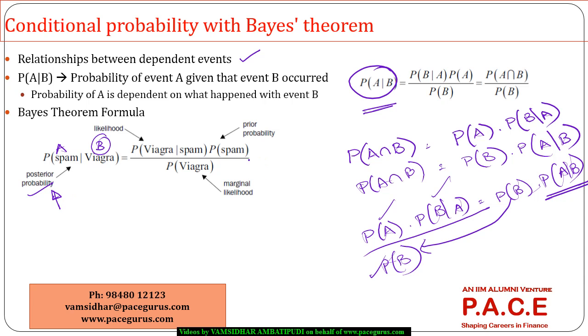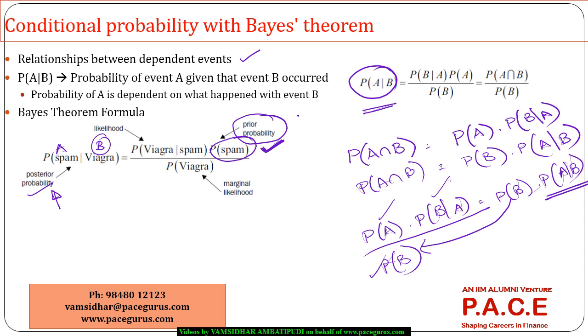Then we are talking about P of A. P of A is, by default, initially, the probability of A occurring without having any information regarding whether B has occurred or not. In general, what is the probability that A is going to occur? The probability of A occurring. So that is what we call the prior probability.